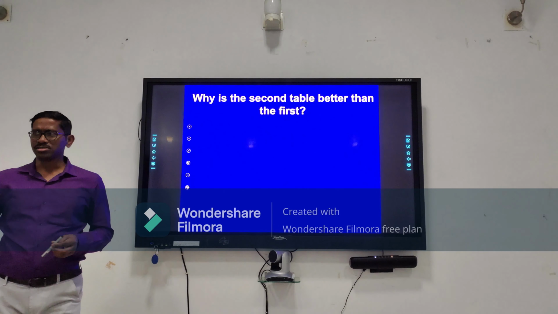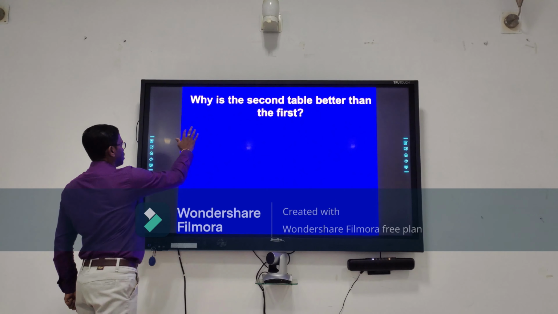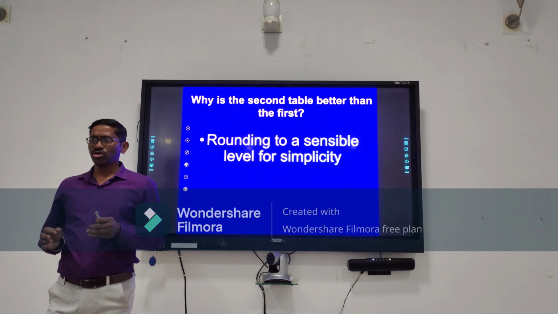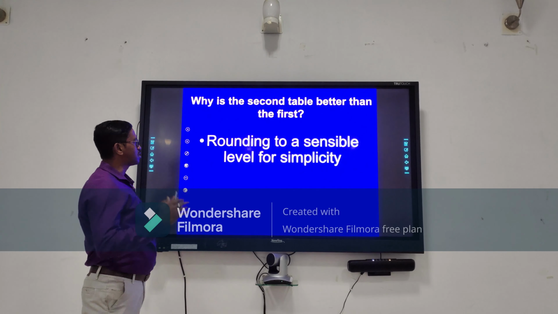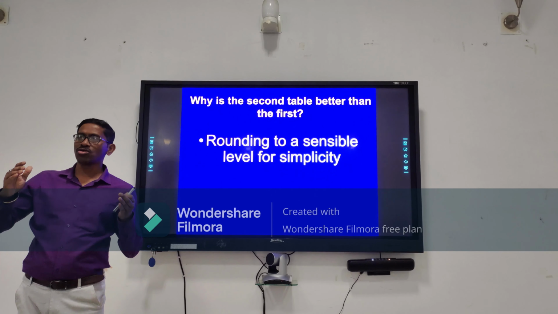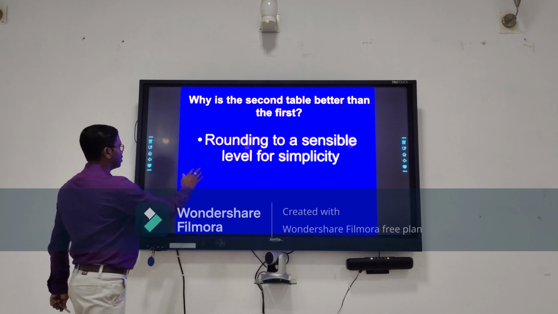Now the question arises, why is the second table better than the first? The answer is, first of all, we did some rounding to a sensible level for the simplicity of the data which has been recorded by the 7 outlets for 5 different months.